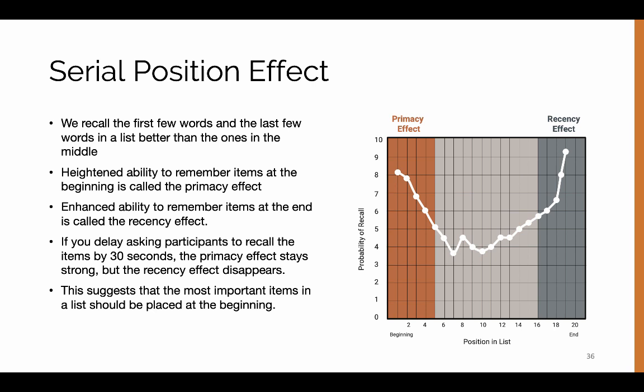So we tend to recall the first few words and the last few words in a list better than the ones in the middle. The part where we're good at remembering the first ones, we often refer to as the primacy effect. That is, the first words are prime, we tend to remember that, and that's the primacy effect. The last words, which we're also good at, we often refer to as the recency effect.